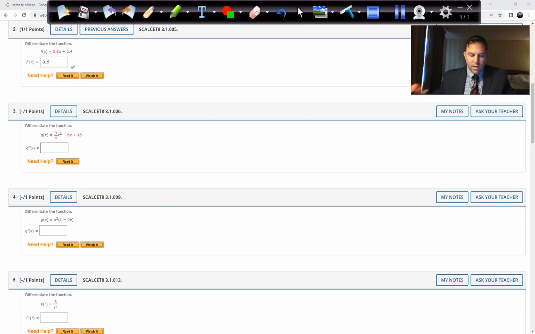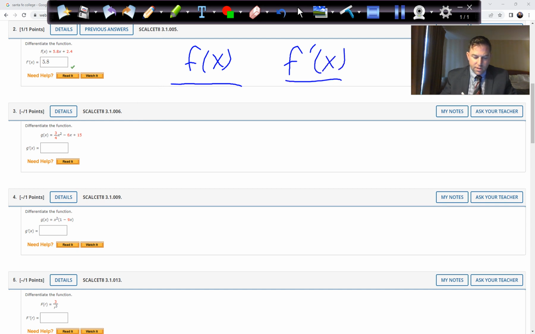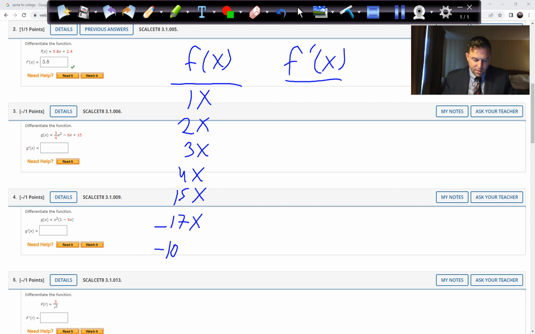Okay, so actually let's hammer that home a little more. So let me do a bunch of functions. So let's say we have a table of functions and then we'll find their derivatives. So let's start with 1x, 2x, 3x, 4x, 15x, negative 17x, negative 1001x, 12.43x, and 3/2 x.